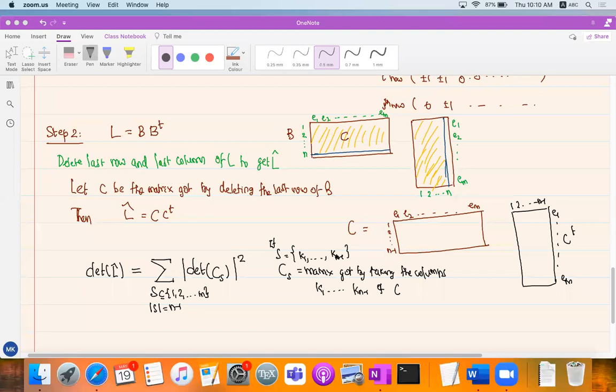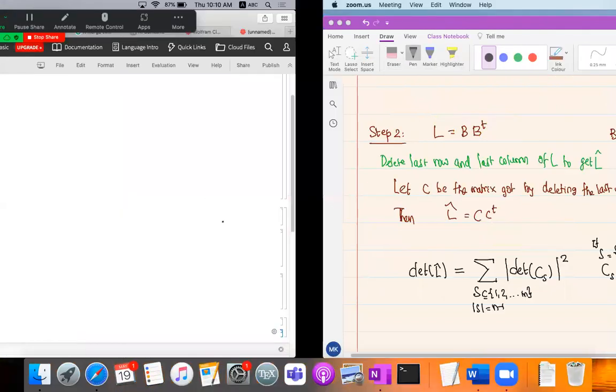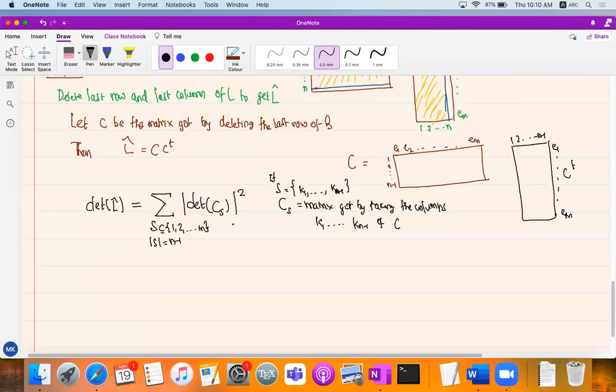So let us go to this. What I was saying was L hat you write as this rectangular matrix times this rectangular matrix. It's a square matrix. Then the determinant of L hat can be written as the sum of squares of these square determinants. And what are the square determinants?